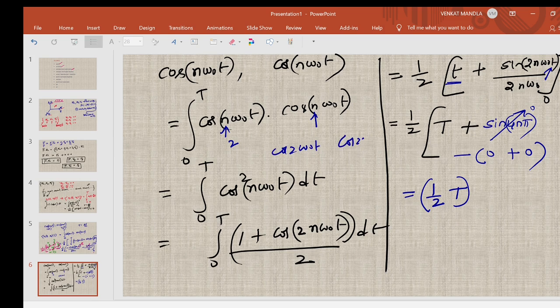If 2 is not there, and in place of n some m is there, then these two are orthogonal signals, which is also important to find the coefficients.